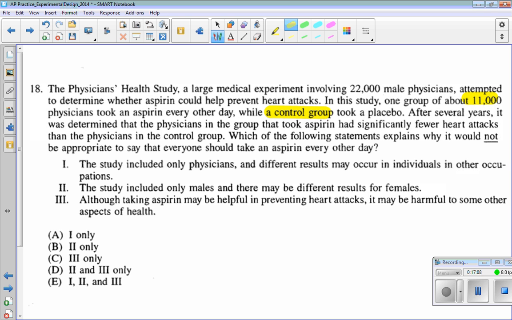For example, my grandfather should never take aspirin because if he cuts himself, he will bleed to death. He's not a hemophiliac, but it's closely related. So he can't be on blood thinners for that reason. So you have to be real careful. It could be harmful in some other aspect of your health. So I agree with that too.